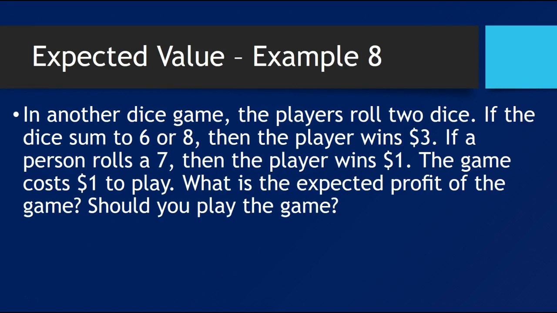All right, hopefully you did that. So same concept, still having players roll 2 dice. Now we're just adding different numbers in. If the sum is 6 or 8, then the player wins $3. If the person rolls a 7, then they win $1, and the game costs $1 to play.